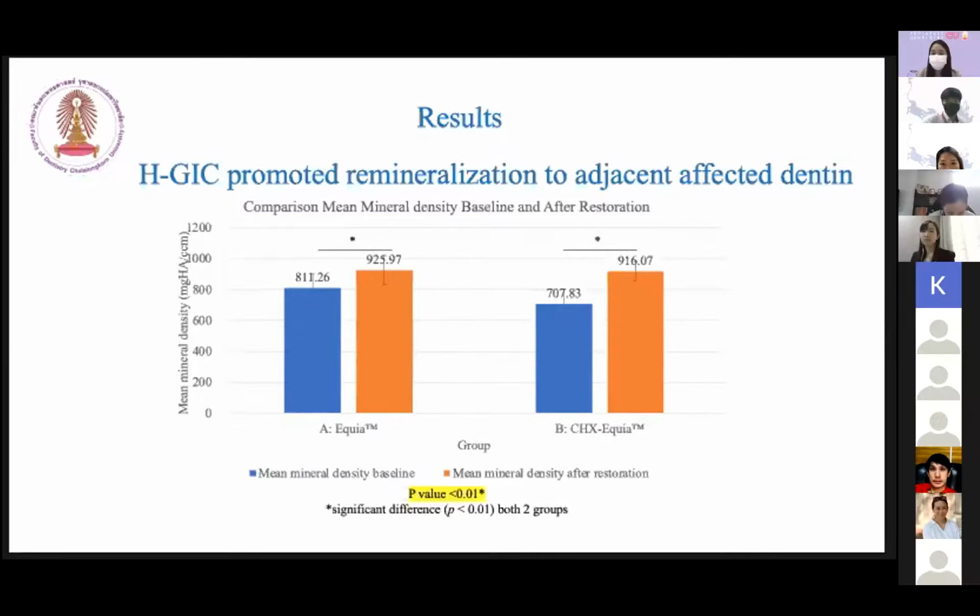The mean mineral density after restoration was significantly increased from baseline in each group. HGIC group mineral gain was 114.71 mg hydroxyapatite per ccm. Chlorhexidine HGIC group mineral gain was 208.23 mg hydroxyapatite per ccm.